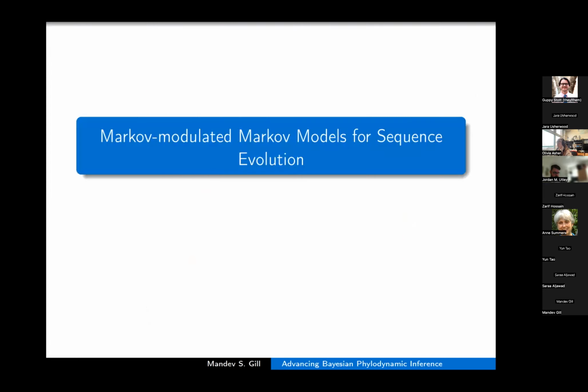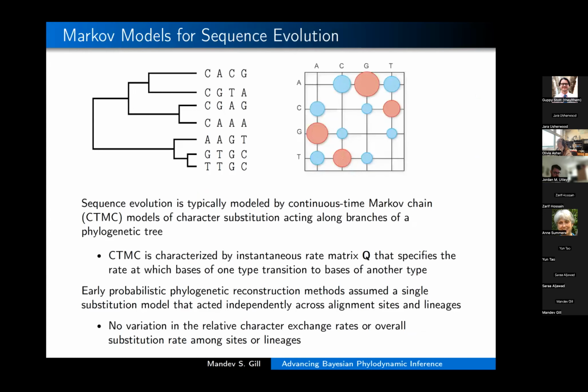Okay, now I want to discuss a flexible class of models for sequence evolution. As we touched on before, sequence evolution is typically modeled by continuous time Markov chain models of character substitution that act along the branches of a phylogenetic tree.